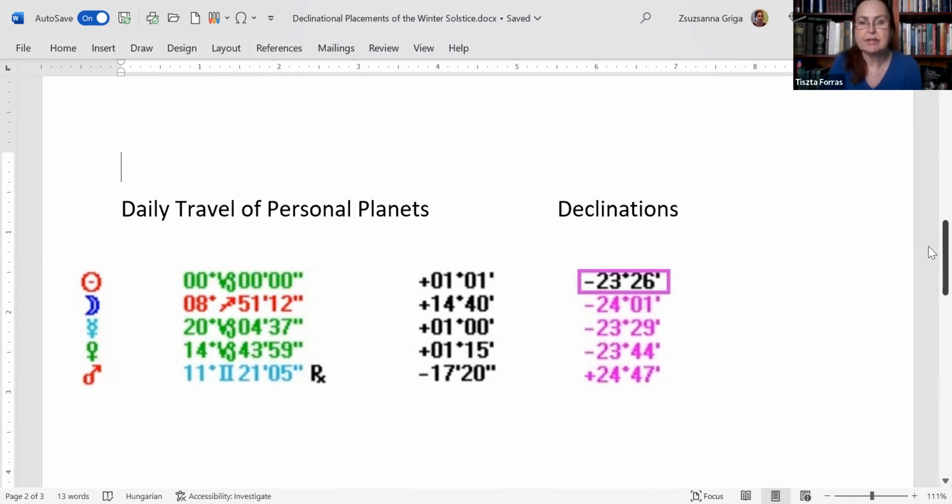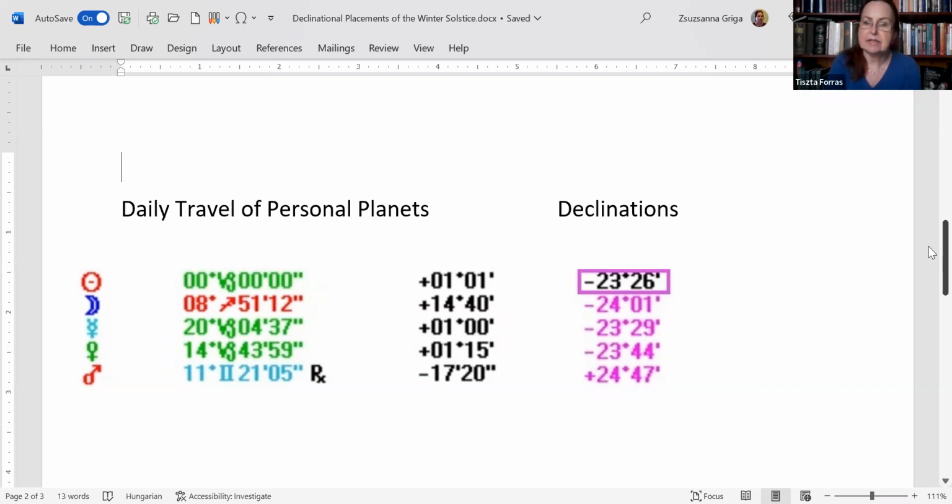Mars is certainly still retrograde, and you see the daily travel, which shows that the Moon is quite fast at the moment. Mars is at half its normal travel. Mercury, Venus, and Mars are just average. And you can see the declinations.